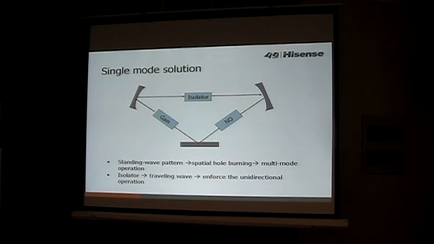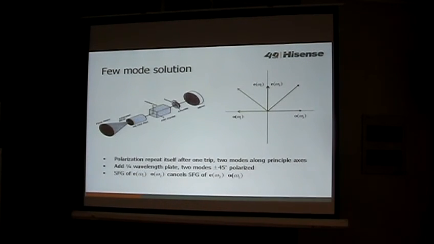Like we said, one big problem with laser display is speckle, which will severely degrade the image. So single-mode operation can solve the stability problem, but at the cost of more laser speckle. So we are still trying to work out some few-mode or multi-mode solutions.